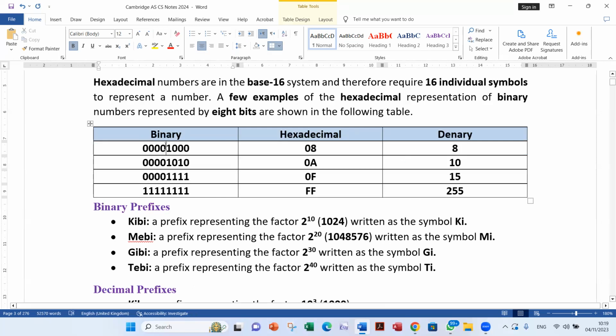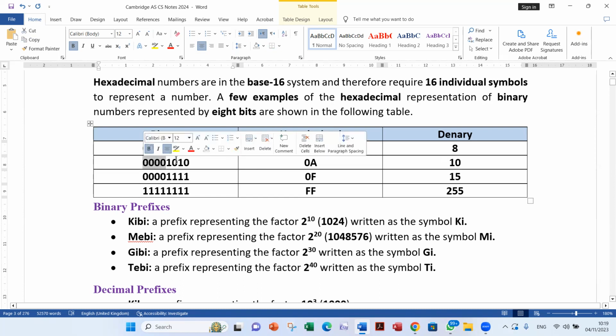So this is a binary number. If you change it into denary, you put weights 1, 2, 4, 8, 16, 32, 64, 128. I'm talking here about an 8-bit register or 8-bit numbers. You can easily convert 0000 1010.